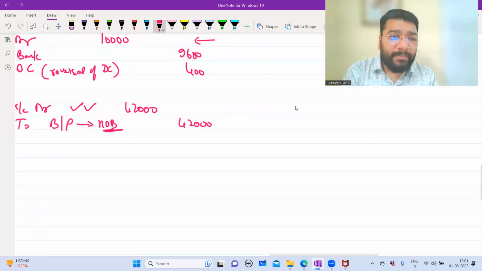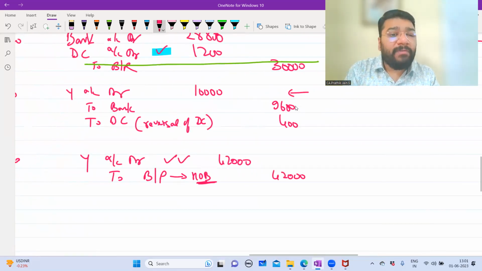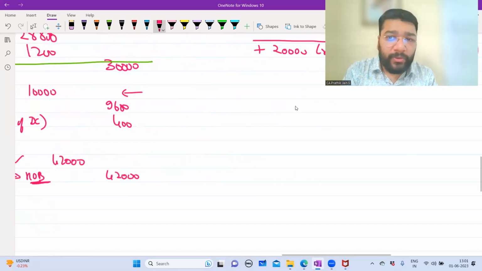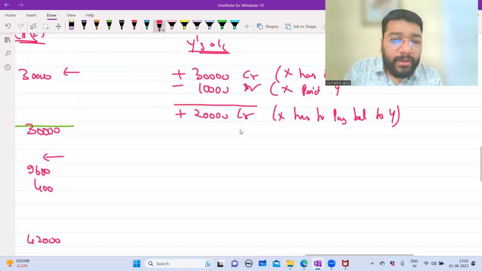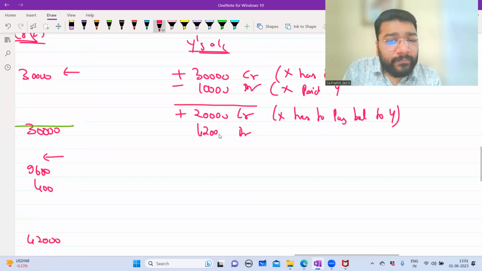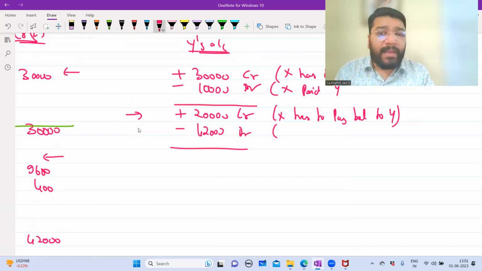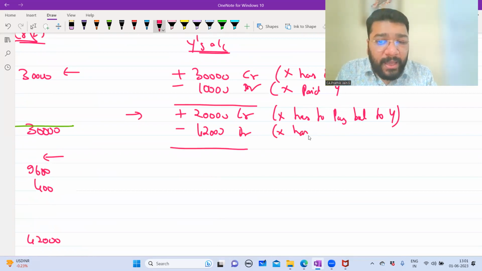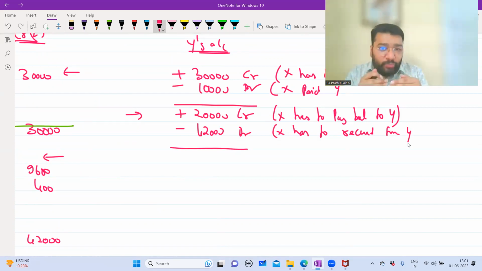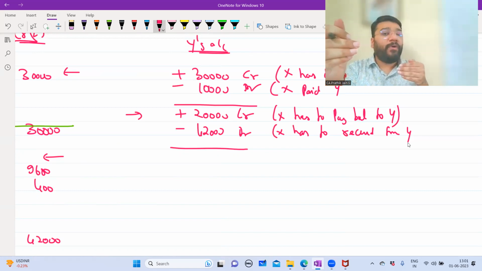So now, guys, coming back here, you have debited Y 42,000. Come back to the ledger. Debit 42,000 from Y. Now this means, guys, see, this 20,000 credit balance means X has to pay the balance to Y. Now this 42,000 X has to receive from Y. Because X has to pay 20 and X has to receive 42.